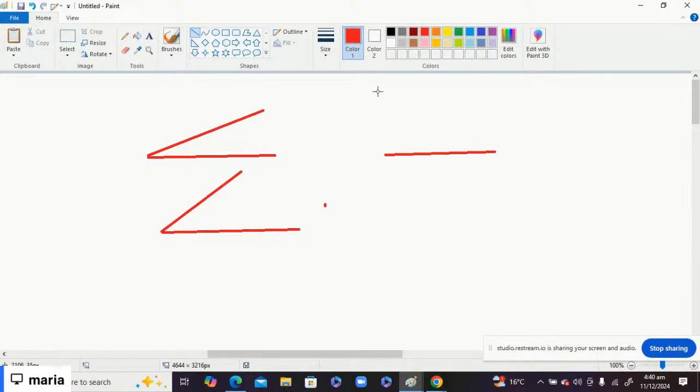But if the two lines are exactly perpendicular, we can say that it's a 90 degree. This is 1 by third of 90. This is 1 by 2 of 90 degrees, and this is again the full 90 degrees.